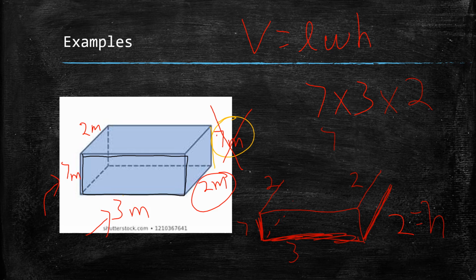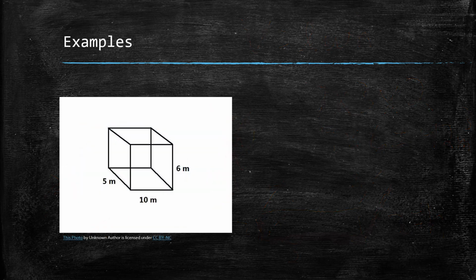So if I did 3 times 2, that equals 6. So 7 times 6 equals 42. And because I multiplied 3 numbers, I must have a 3 for my exponent. So I have 42 meters cubed, or 42 meters to the third power.